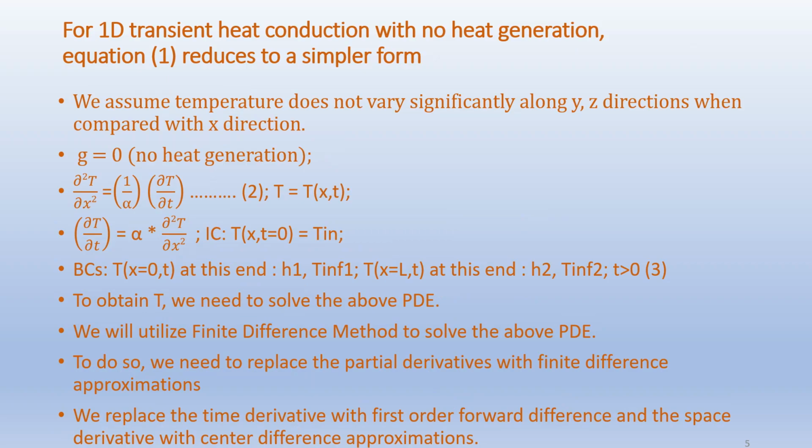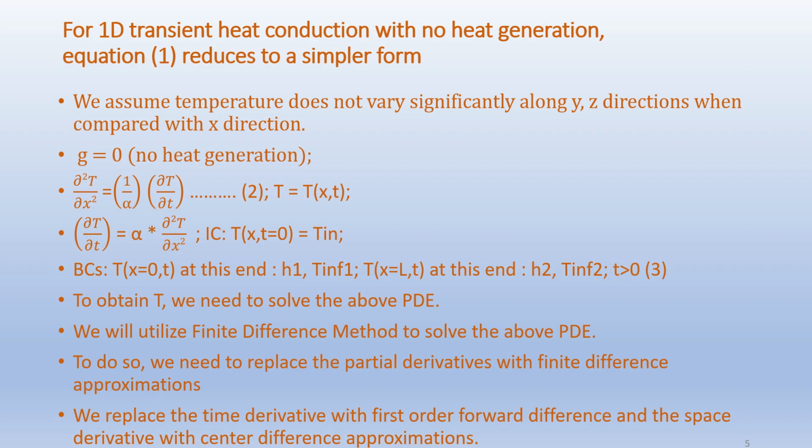For 1D transient heat conduction with no heat generation, equation 1 reduces to a simpler form. We assume that the temperature does not vary significantly along y and z directions when compared with x direction. In other words, we have insulated boundary conditions along the y and z directions.